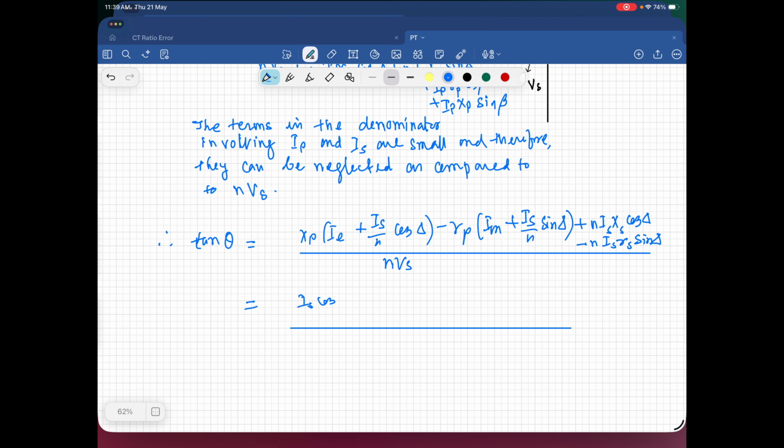So Ie plus, now Is cos delta, if you take common Is cos delta, then Rp by n plus N Xs, minus you take common Is sin delta, so inside it will be Rp by n plus N Rs.